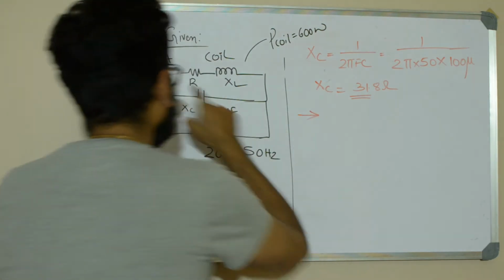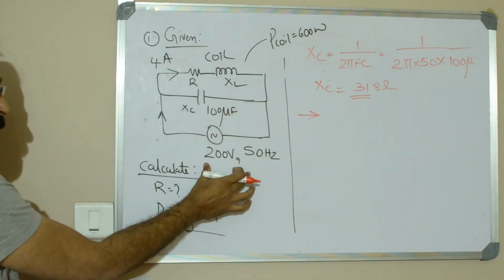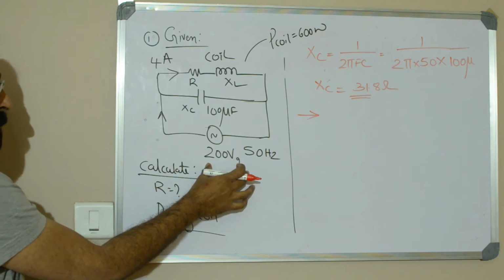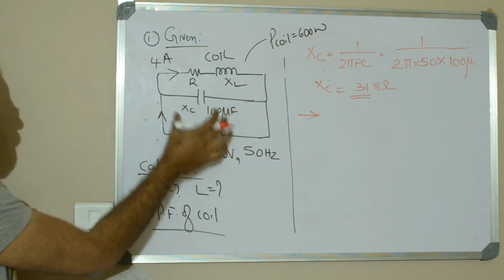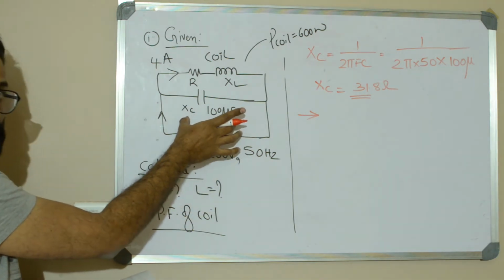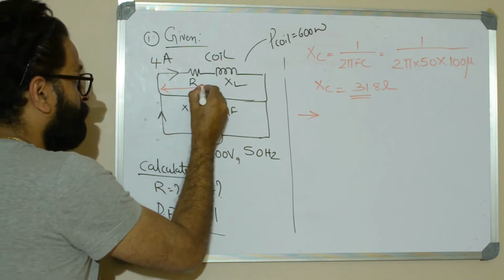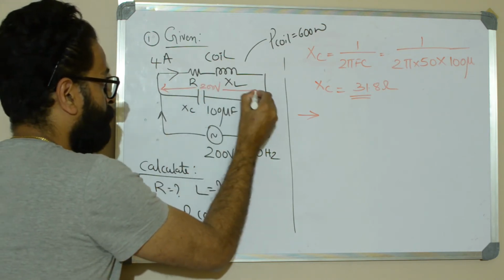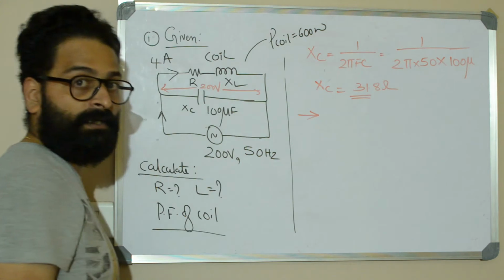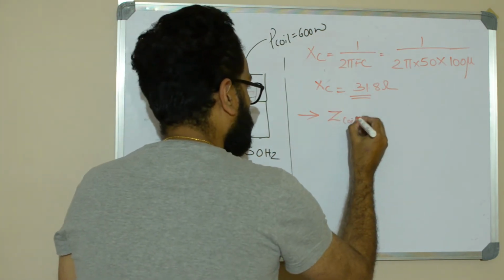Alright. Current flowing through the coil is given as 4 amperes, and we also know the voltage applied across the parallel combination. So 200 volts will come across the capacitive element as well as across the coil. By using this data you can find Z coil, that is the impedance of the coil.